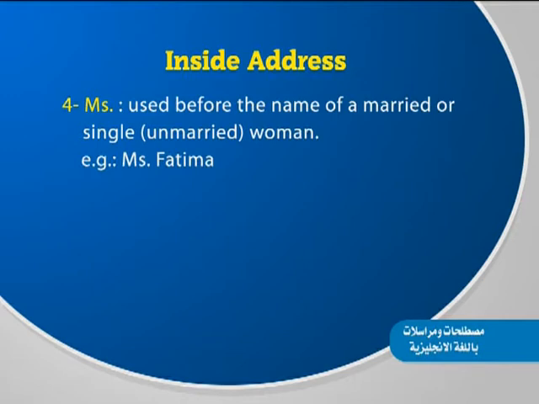Number 4, Ms. Now this new title is used before the name of a married or single woman, example, Ms. Fatma. Now the point in number 4 is it's pronounced exactly the same as number 3, Miss for unmarried and Ms. for both married and unmarried persons. Why is this so? Actually, this is considered as a new title being added to the English language.